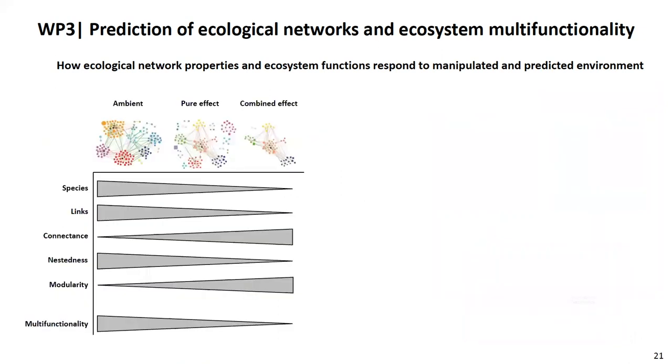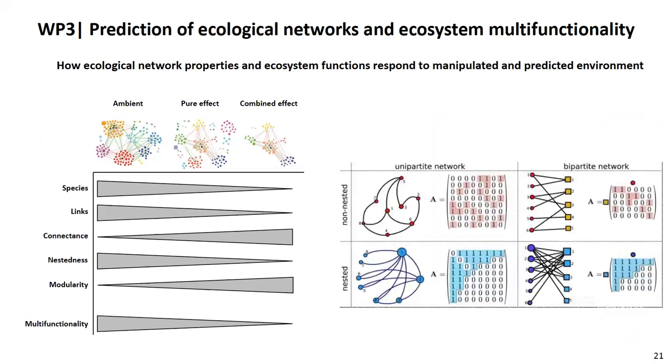So here for each ecological network, we will calculate different topological properties, such as the number of nodes or species, the number of links, which is an interaction between two species, either positive or negative, and the connectance, which is the proportion of all the possible links within the network.